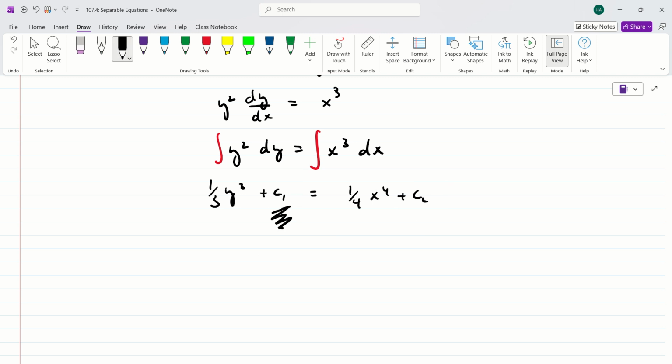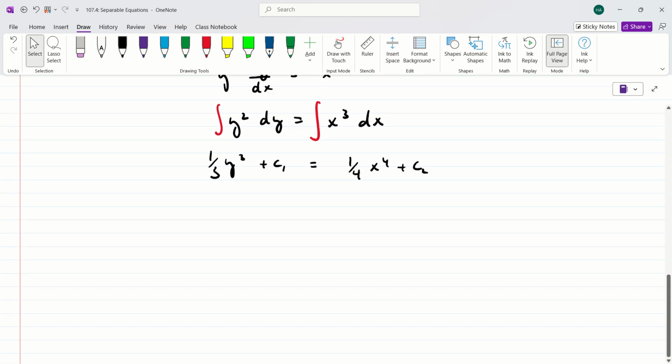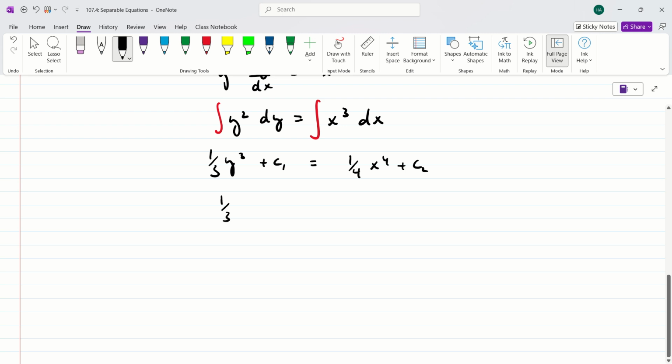Let's say I've subtracted c1 from both sides. Then I would have 1/3 y cubed is equal to 1/4 x to the fourth, and instead of writing c2 minus c1 here, I'm just going to say plus c, where this plus c is an arbitrary constant. It's just some constant, and I really don't care what it is at the moment.